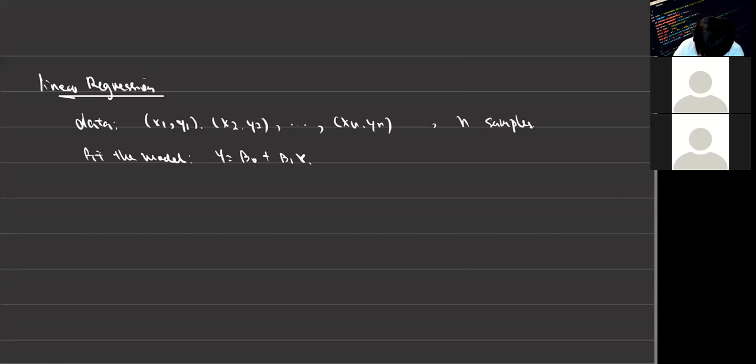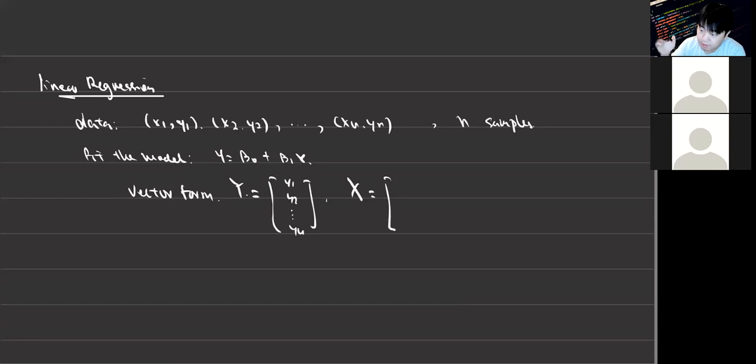When we write the vector form, it's capital Y and capital X. This basically means a vector, something like this, with the data points the problem gave you: y1, y2, up to yn. You get the idea. A capital letter is a vector, while a small letter x or y is one data point, like x1. This helps distinguish whether we're talking about a vector or just one numerical data point.